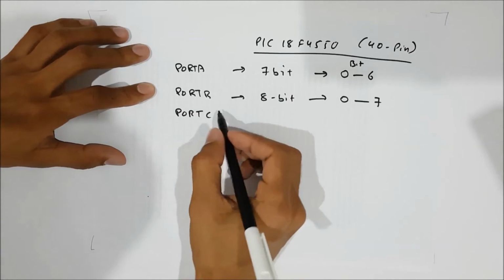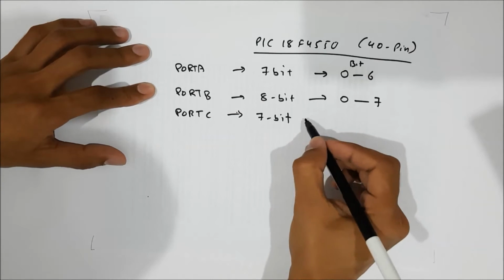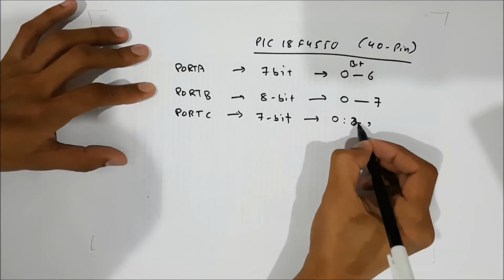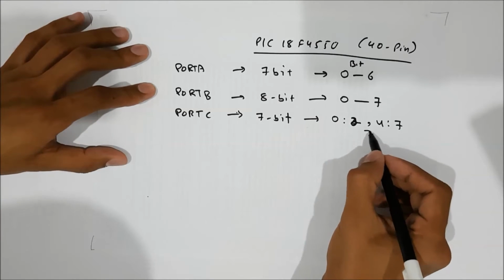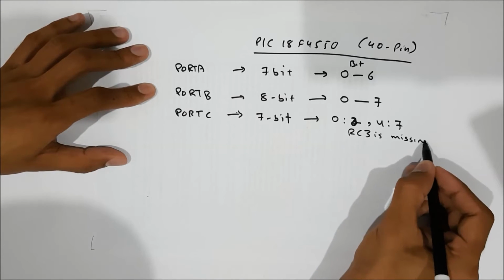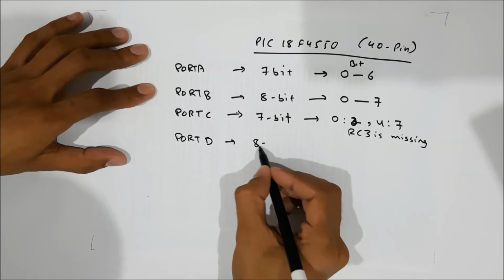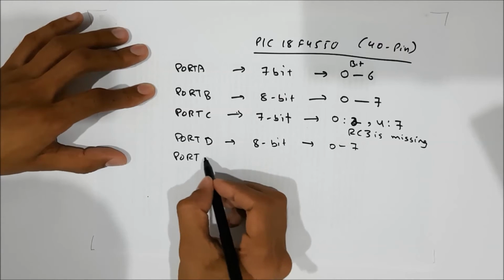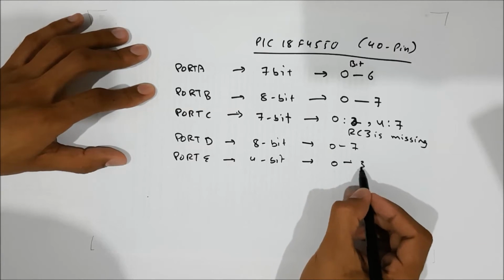Port C is again a 7-bit port. Its bits range from 0 to 2, 3 is missing, and then 4, 5, 6, 7. So RC3 is missing. Then we have port D, that is again an 8-bit input output port, 0 to 7, and then we have port E, that is a 4-bit port from 0 to 3.